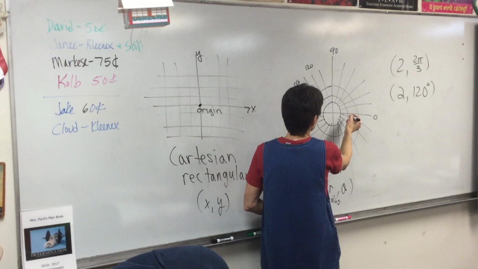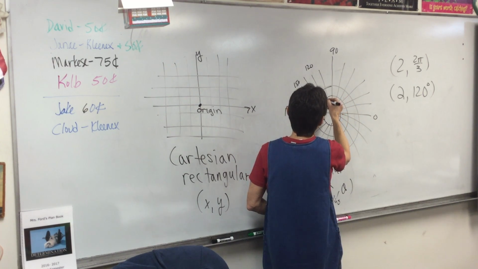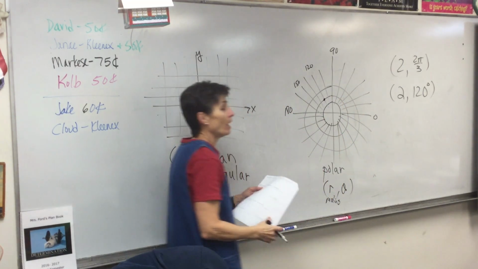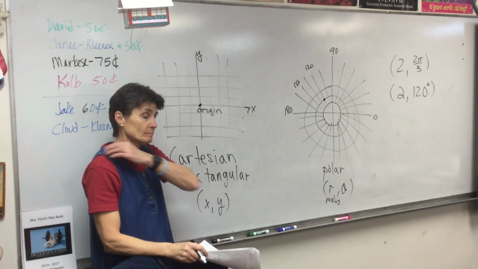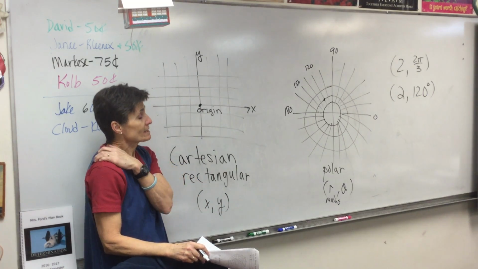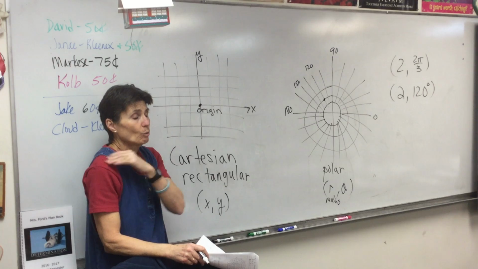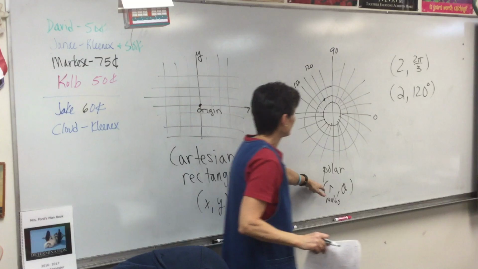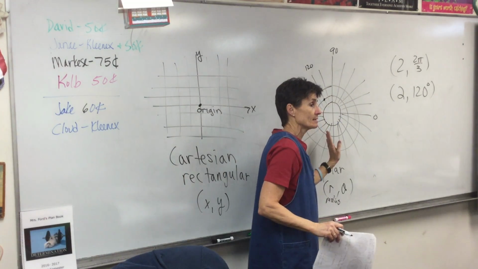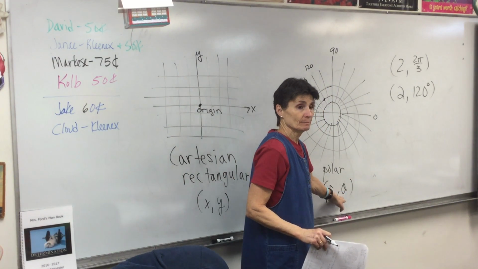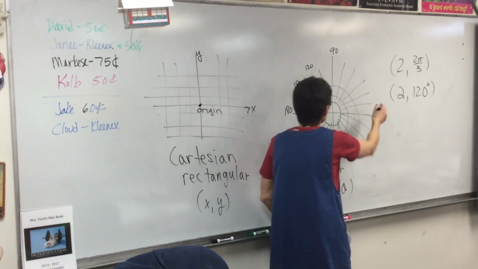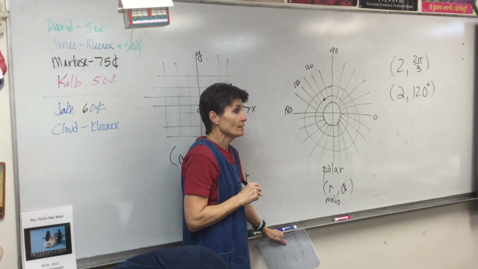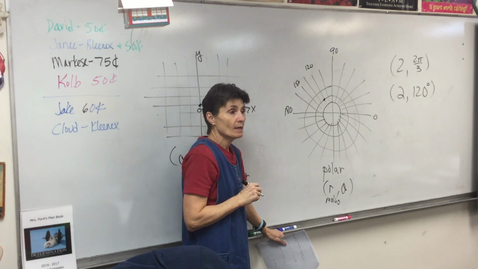So that point would be plotted on the second circle out, at 120 degrees. Instead of plotting it with an x and a y, I am plotting it with a radius and an angle. So 2 comma 120 is right there. You should be able to plot that on your paper.